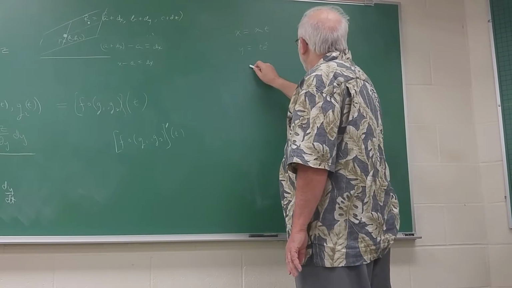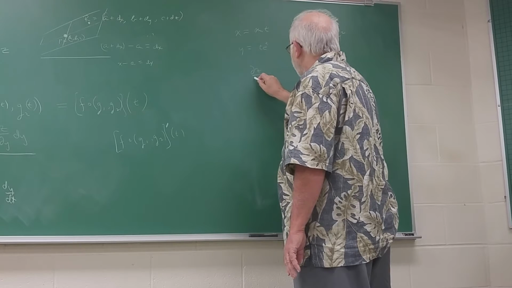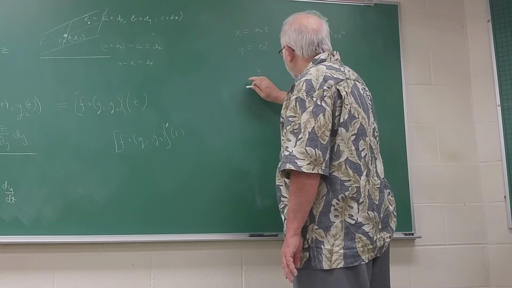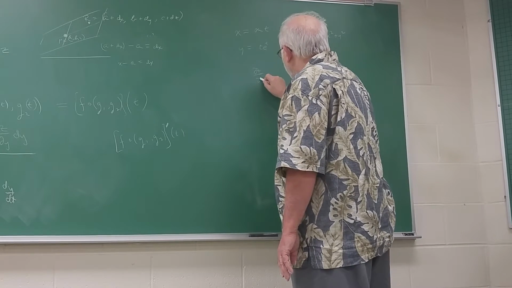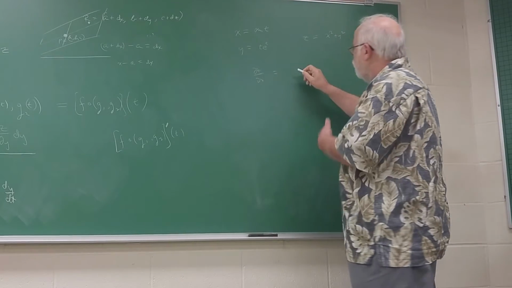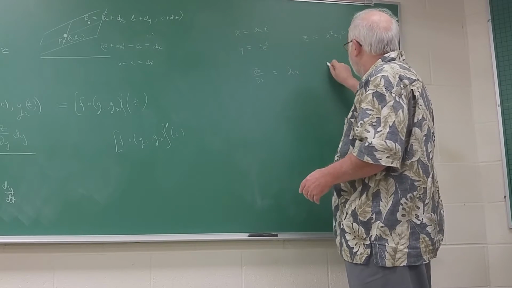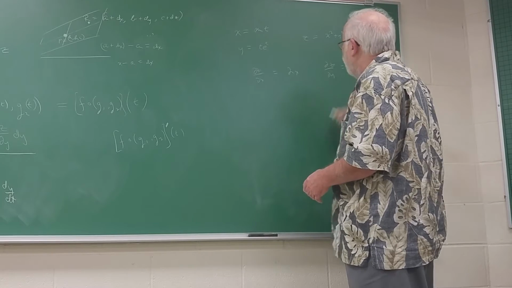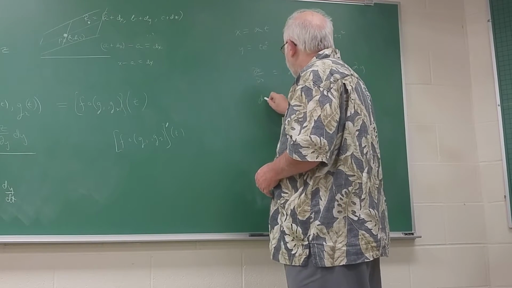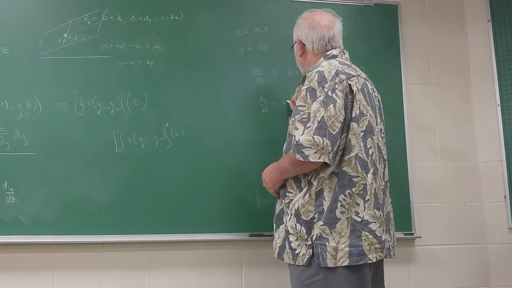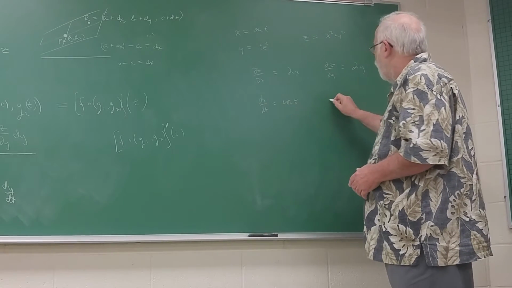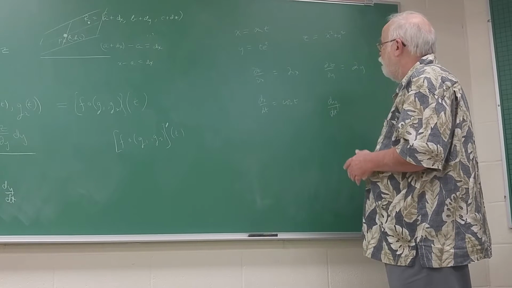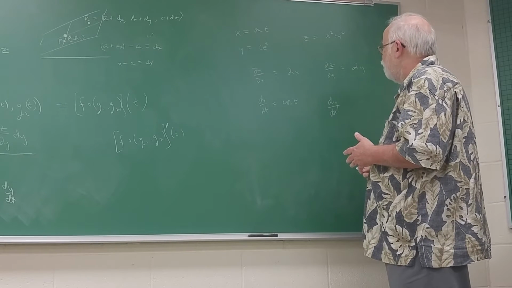Then del z del x is, say, 2x. Del z del y is 2y. And dx dt and dy dt are just the derivatives of x and y with respect to t.